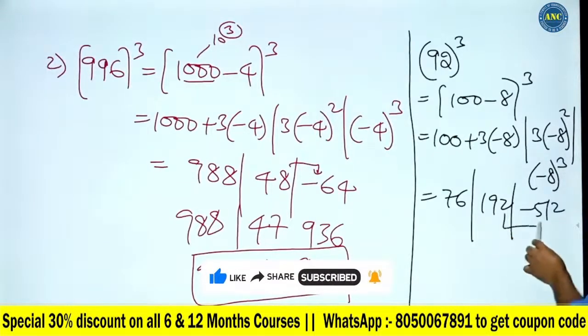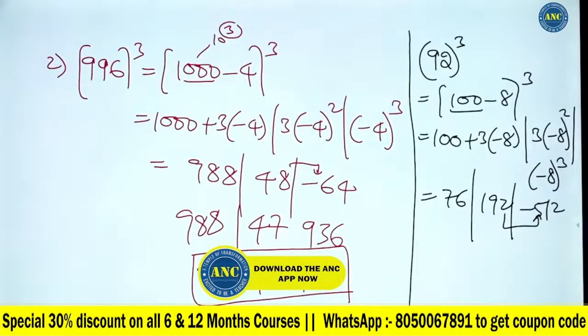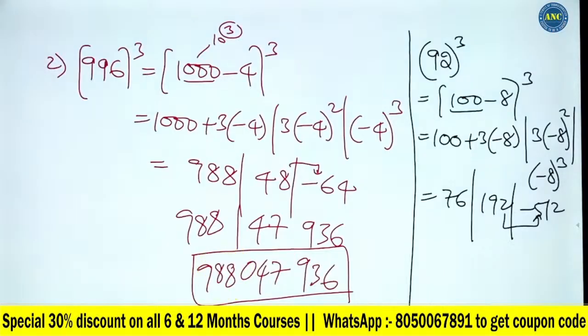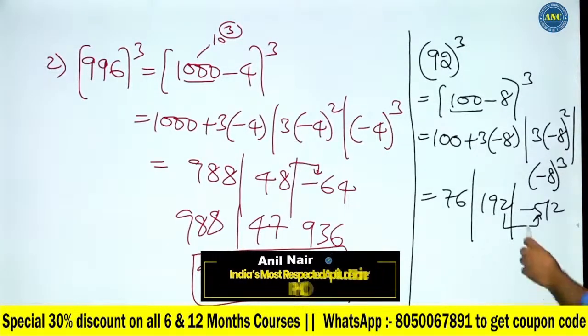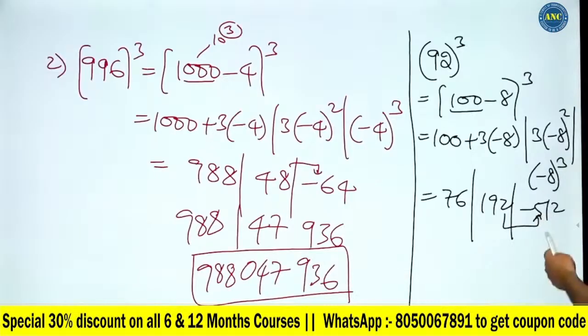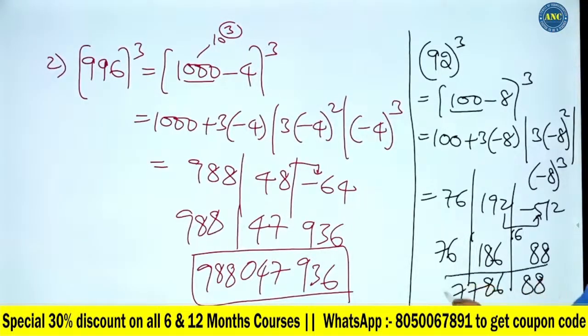If I take a carry 1, 1 is carried on 100. 100 minus 512 still negative. I don't want negative. I am taking carry to convert negative into positive. So 200 minus 512, 300 minus 512, 400 minus 512, 500 minus 512, 6 carried. 600 minus 512, 88. 6 carried, 186 and 76. 86, 1 carried, 77. 778688.